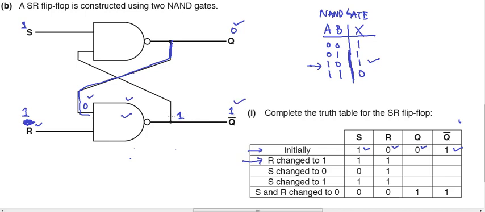Q bar stays the same, and this 1 is being fed back here to this input. So now we have a 1, 1 here. So S is 1 and the second input is also 1. When both inputs are 1, the NAND gate is going to give a 0 here, which means what? We're going to get a 0 here at the output, and once again the 0 is going to be fed back.